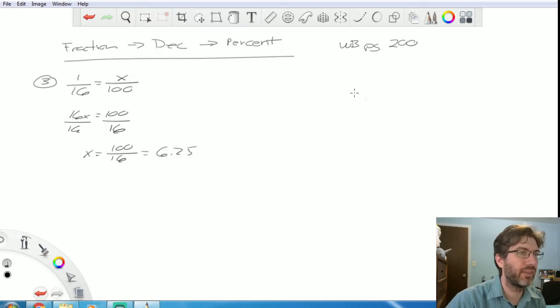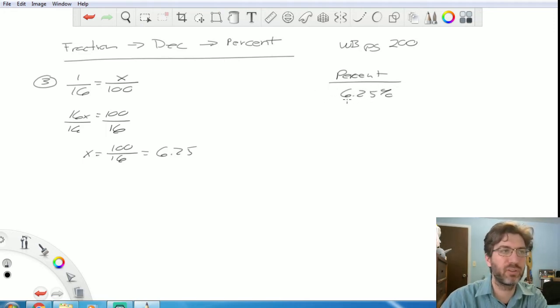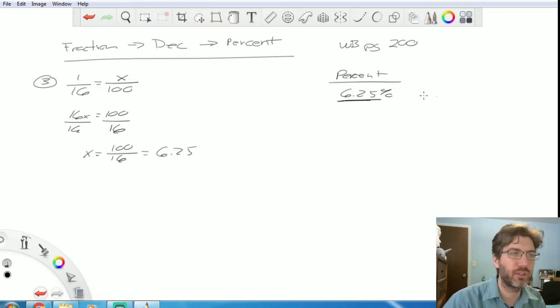And then that's your percent. It is 6.25%, but it wants this number to be a fraction. So you have to take that decimal number in the percent and make that a fraction. So that's the same thing as 6 1/4%. And the only difference is that I took 25 hundredths and made it 1/4.